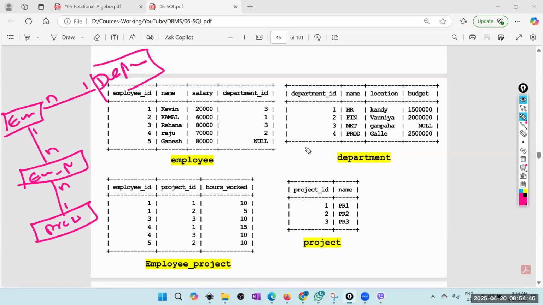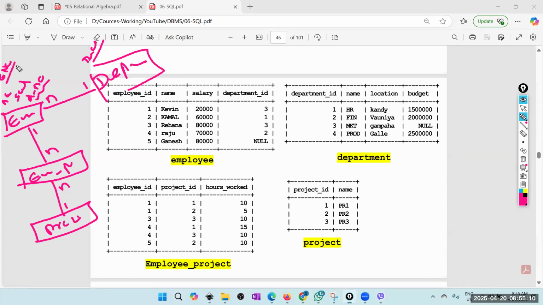Right. So now, this is my requirement. Remember the name is here, salary is here, department number is here. Here department number is the primary key, and this is the foreign key. Here the employee ID is there.